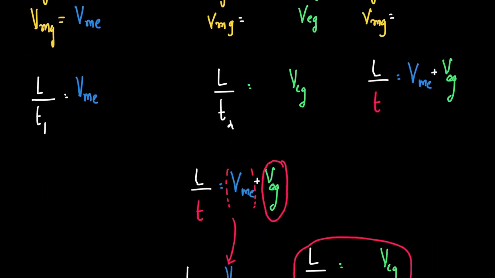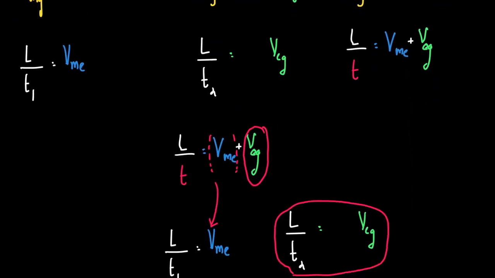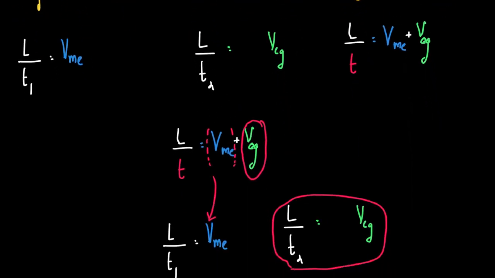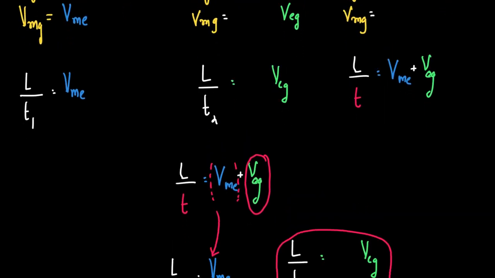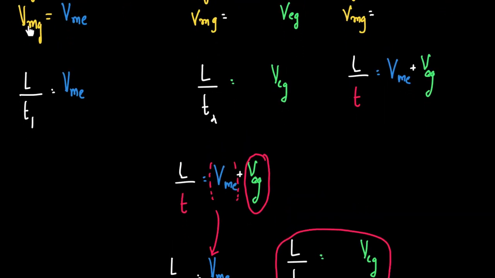Okay. So velocity in all three cases is actually displacement by the corresponding time. Corresponding time in the first case is T1, second case is T2, and in the third case is T. Okay.